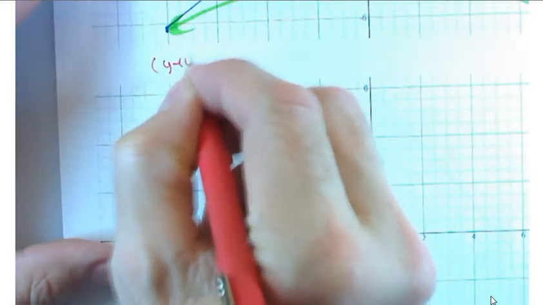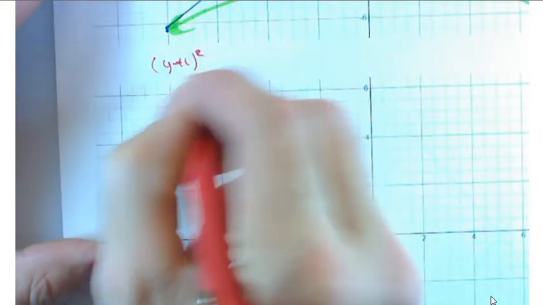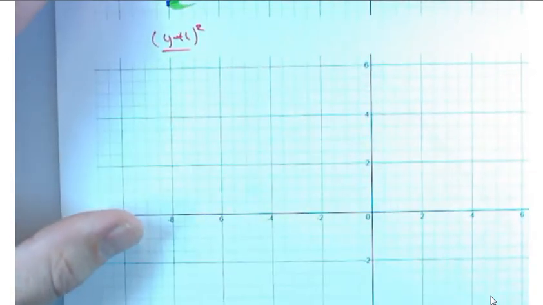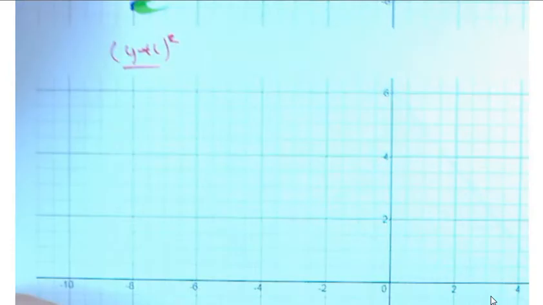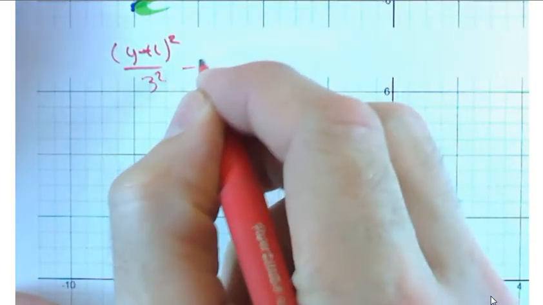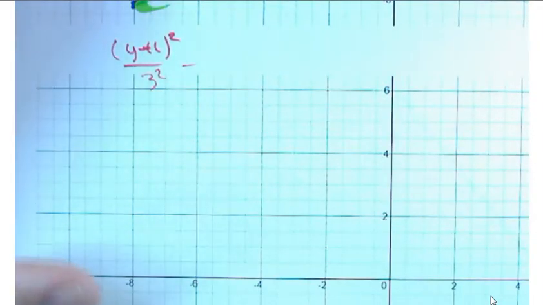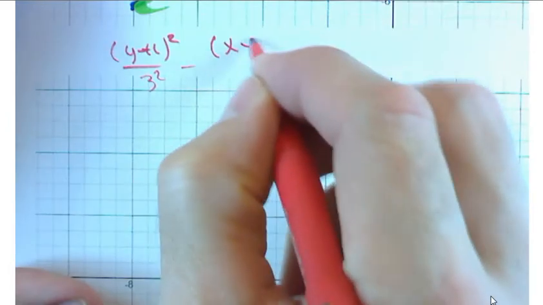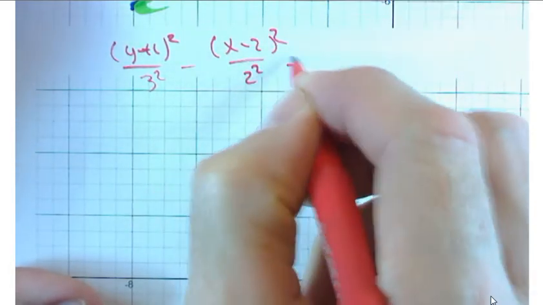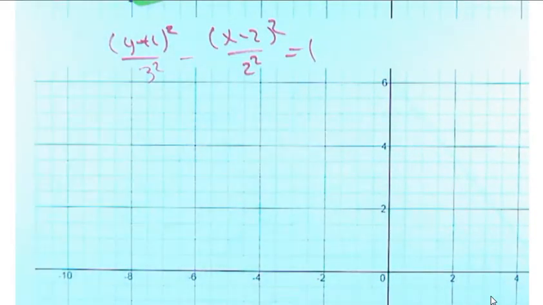So this one is y plus 1 squared over 9. But instead of 9, what else could I write it as? 3 squared. Minus x minus 2 squared over 4, which is 2 squared. So start out by carefully determining the center.